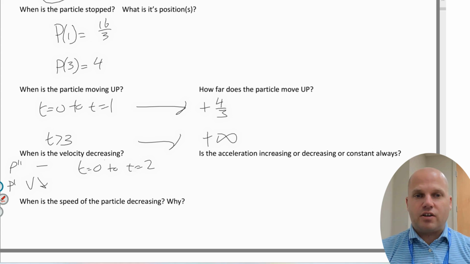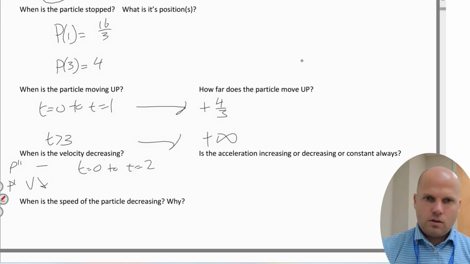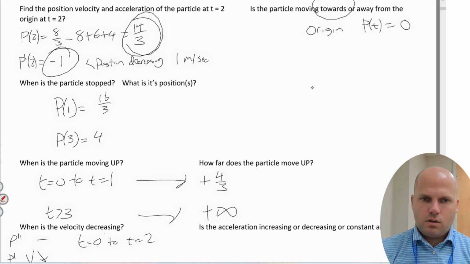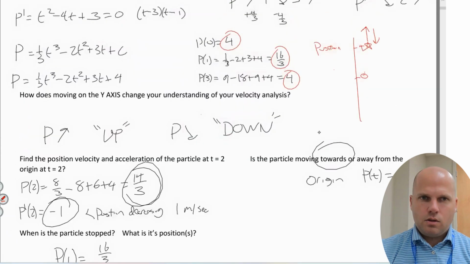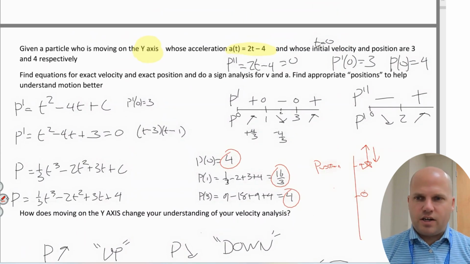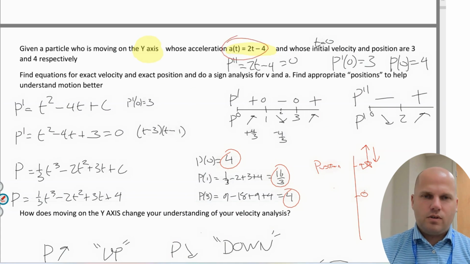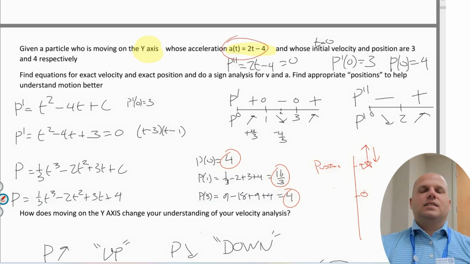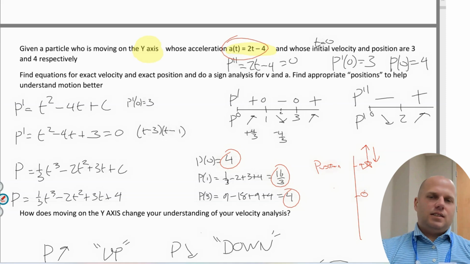Is the acceleration increasing or decreasing or constant always? My acceleration is 2t minus 4. This is tricky. Why did I give you this question?